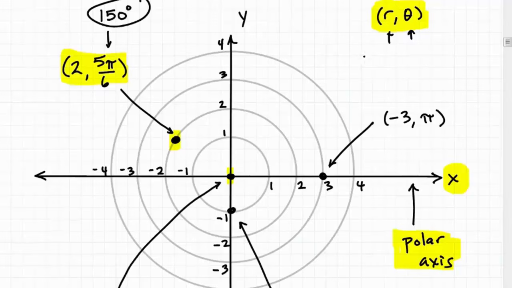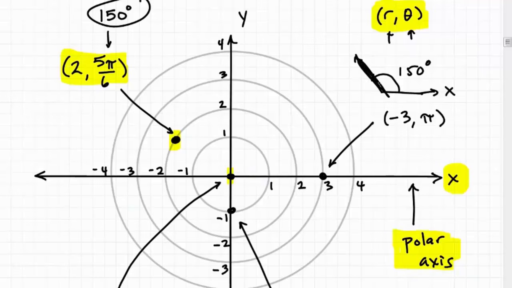So 150 degrees for an angle in standard position, I'll roughly draw it. It's going to be like this. That's terrible, let's try that a little better. It goes past 90 degrees, and it's roughly like 180 degrees. That angle is in standard position, so it starts at the x-axis, and this is my terminal side.